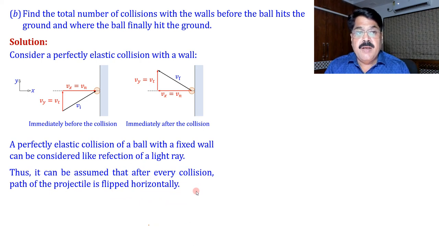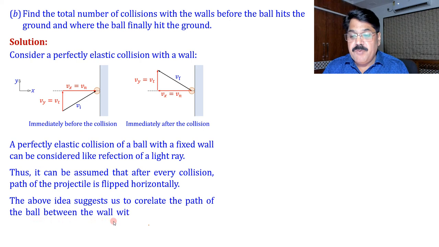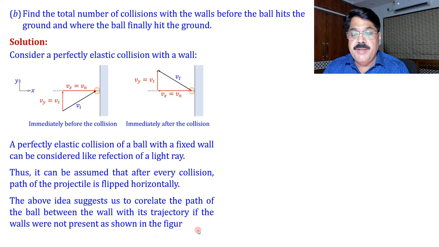It means it is flipped about the vertical axis passing through the point of collision. The above idea suggests we correlate the path of the ball between the walls with its trajectory if the walls were not present, as shown in the figure.